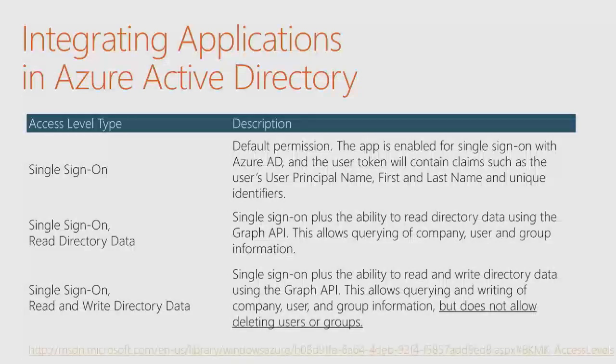And first we thought it's an error, and we thought, okay, what's wrong with that? And then we found it on MSDN. You see it's single sign-on, read and write directory data. That's what I did at the beginning. An application is not allowed to delete objects.